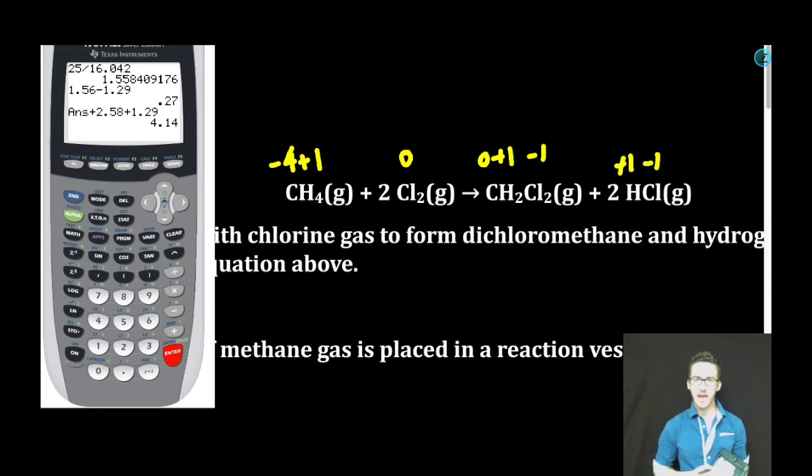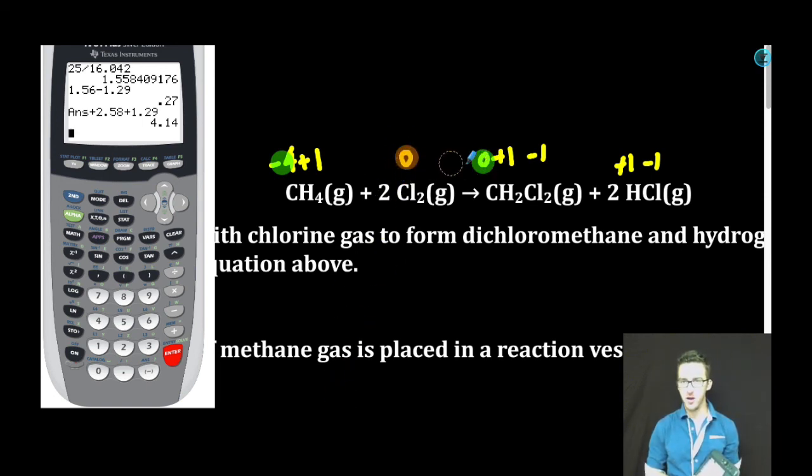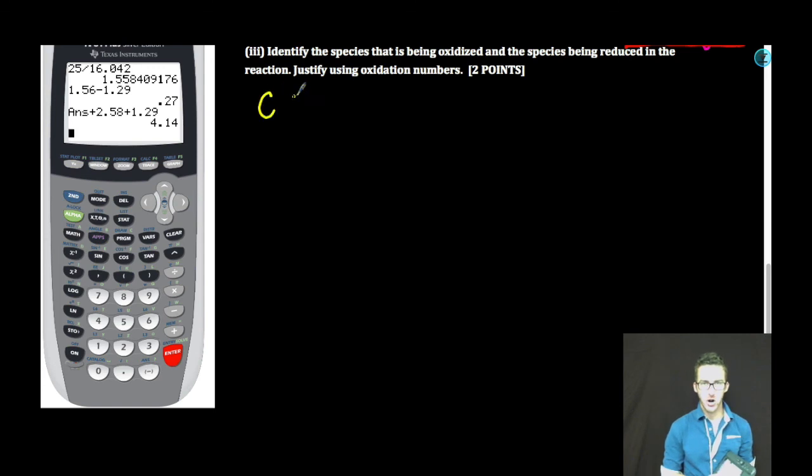So as we think about what's happening here in terms of the movement of electrons, carbon goes from an oxidation state of -4 to 0, meaning it has been oxidized. And chlorine has gone from an oxidation number of 0 to an oxidation number of -1, meaning it has been reduced. So carbon has been oxidized.